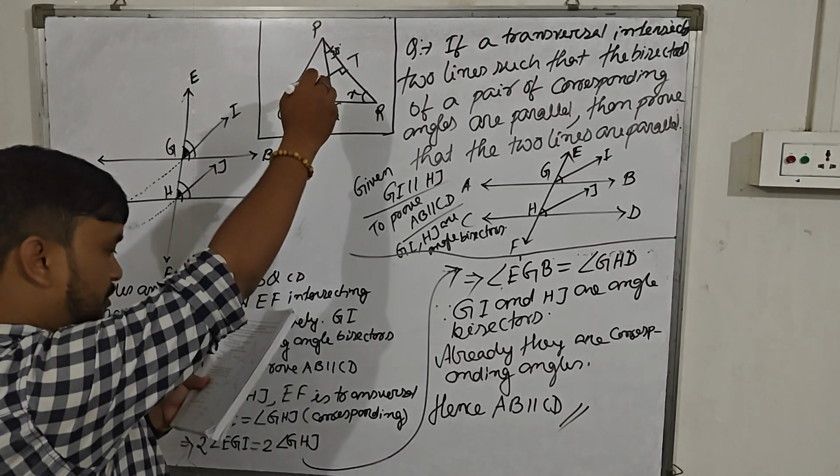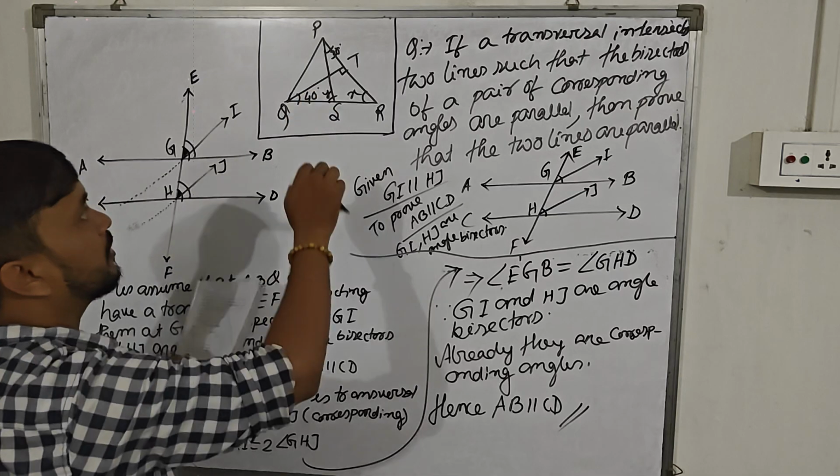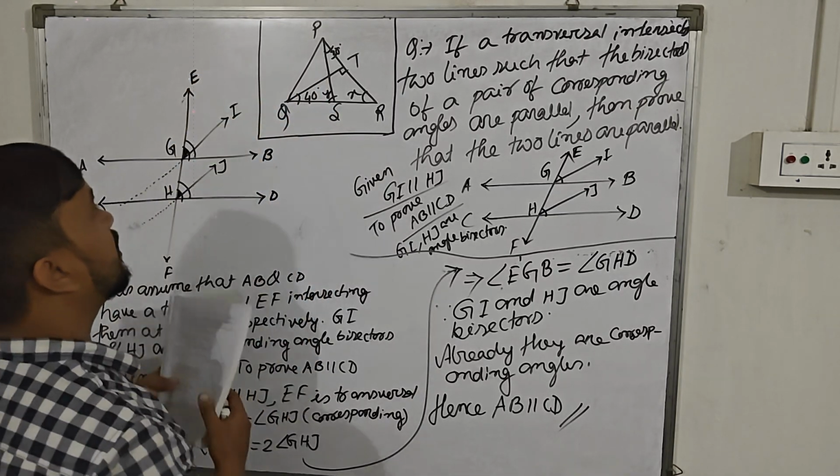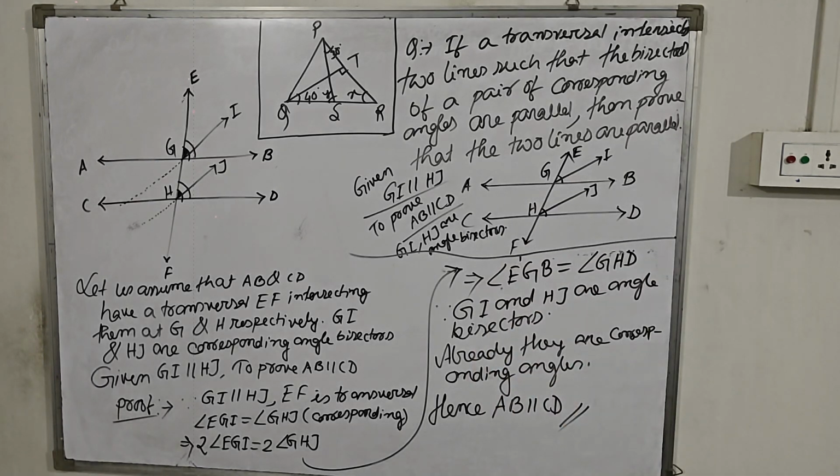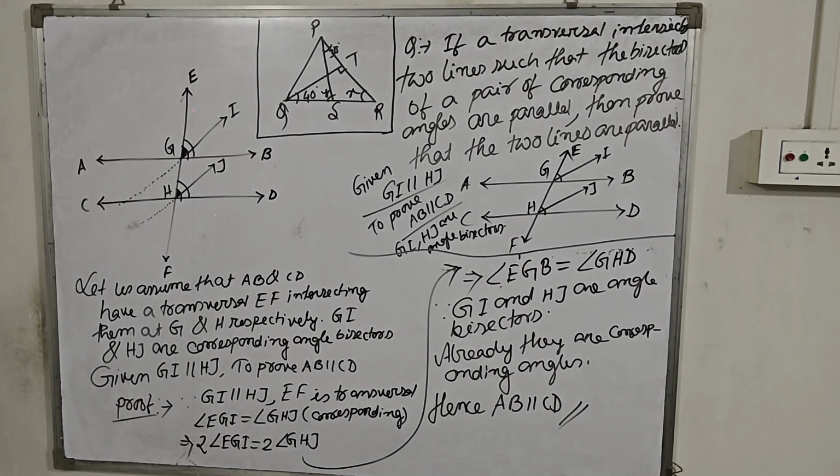This is the 90 degree symbol, remember. One is perpendicular, one is 40 degrees, one is 30 degrees. I hope everything is given. Now you can try.